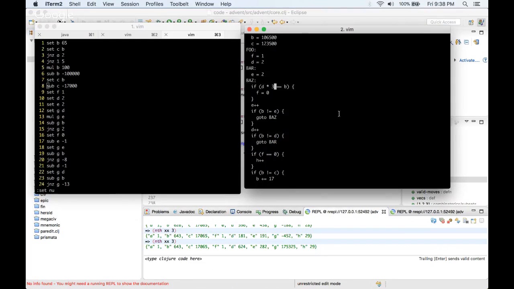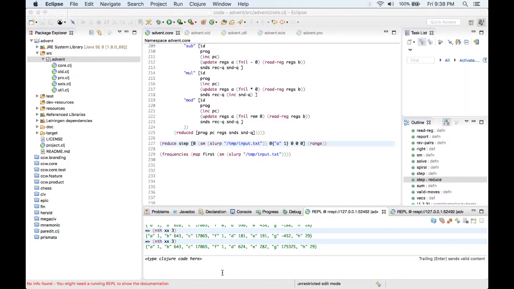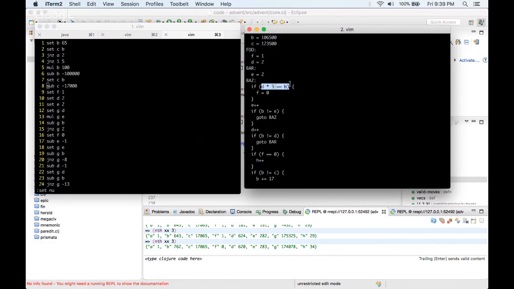I guess there's this part, which is a little bit worrying, because we are changing the value for B. Okay, so here's a situation where F was incremented. Still going pretty slow. I don't know if this is going to produce the right answer.